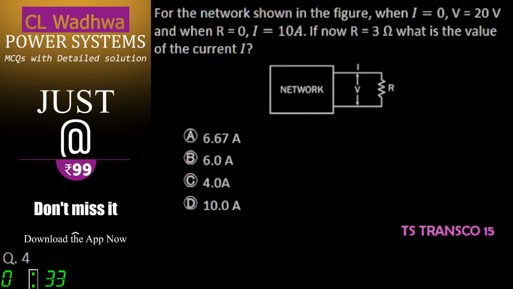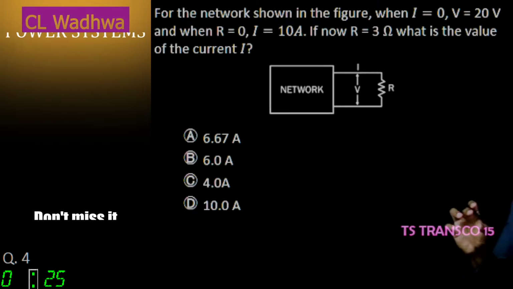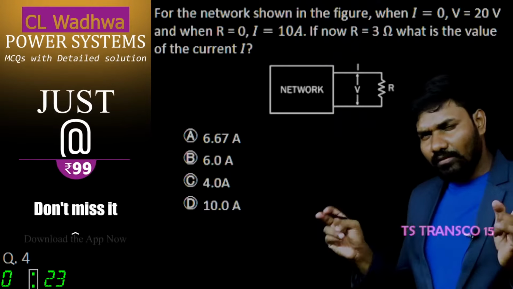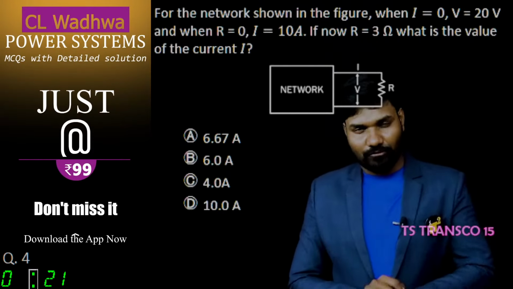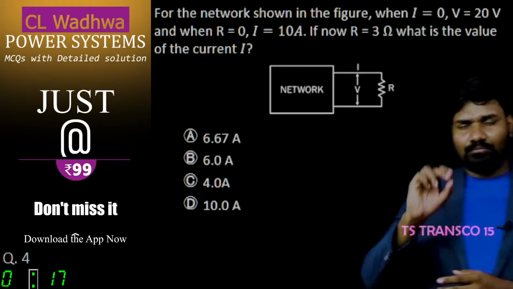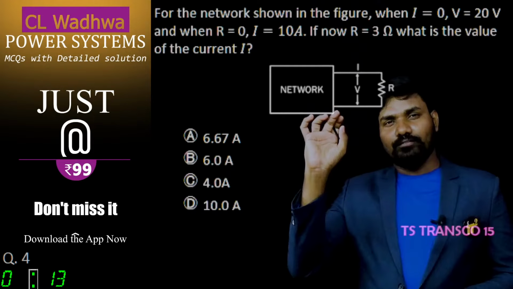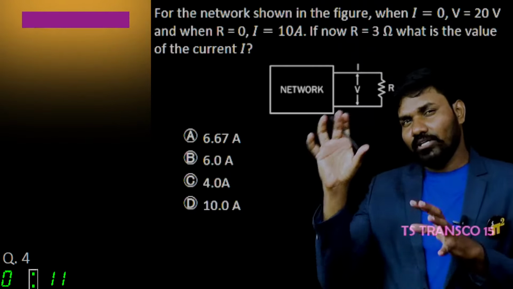Let's see. Try, attempt. I'm giving a hint, right? The hint is a combination of Thevenin's and Norton's. Whenever you get circuits like this, you have to apply a similar concept.